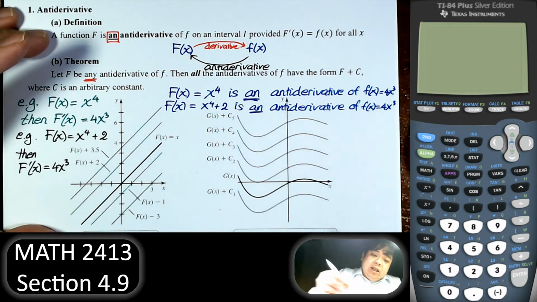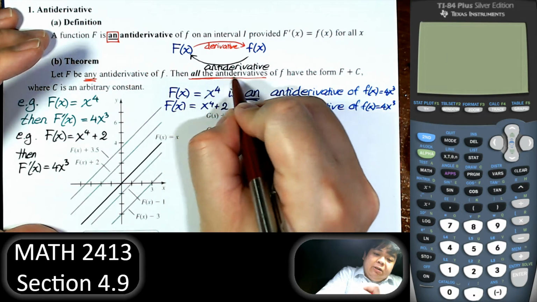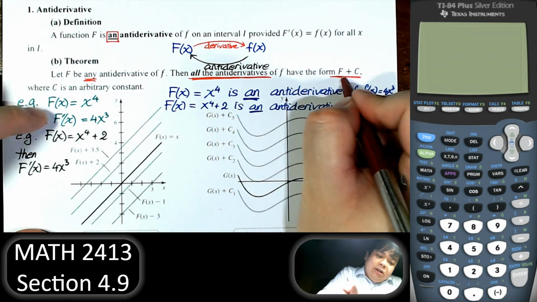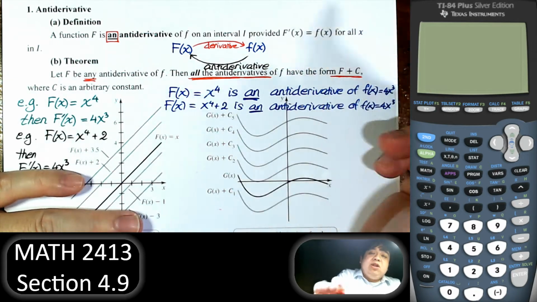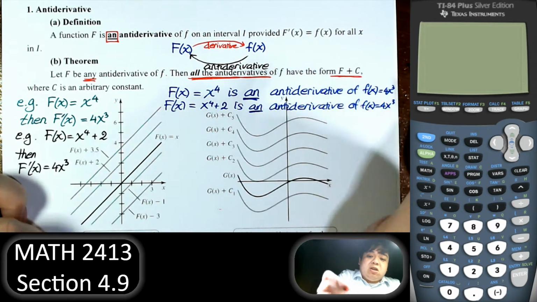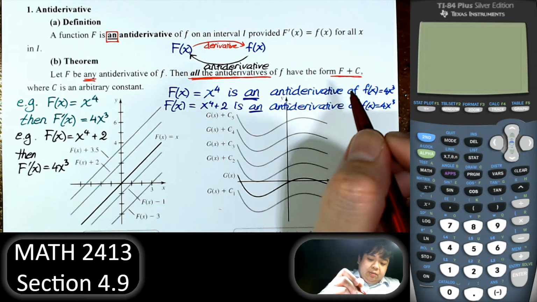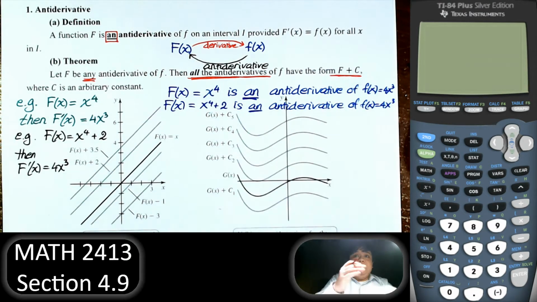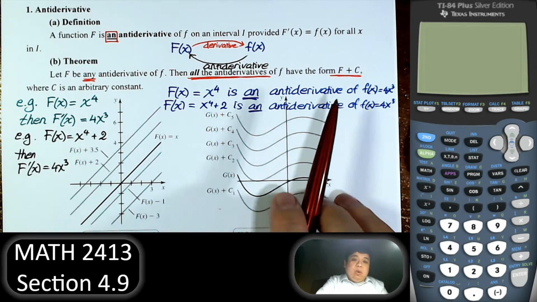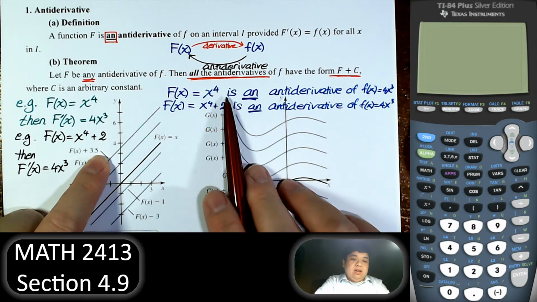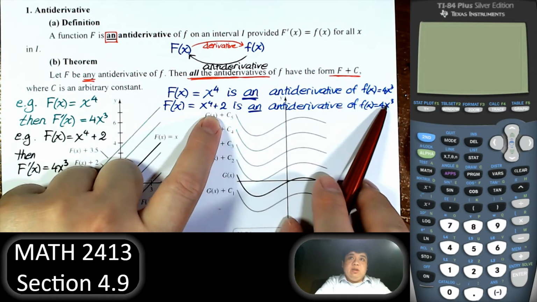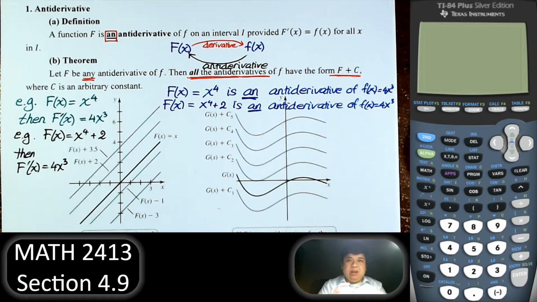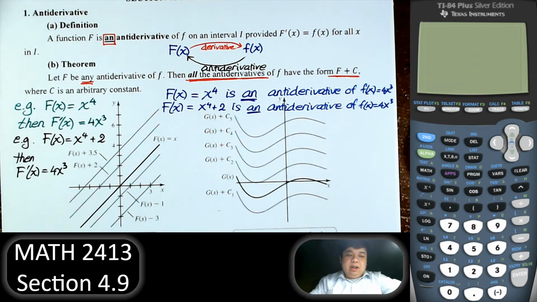That's why we say all the antiderivatives will be the function plus a constant. So if we want to find all the antiderivatives, we have to add the constant to it, because x to the fourth plus any constant still has derivative 4x cubed. So just add a constant when we find the antiderivative.